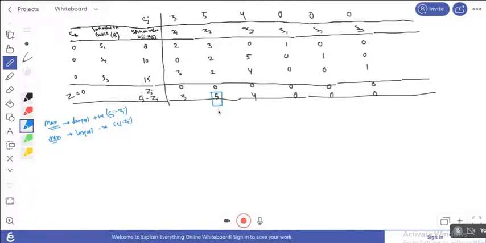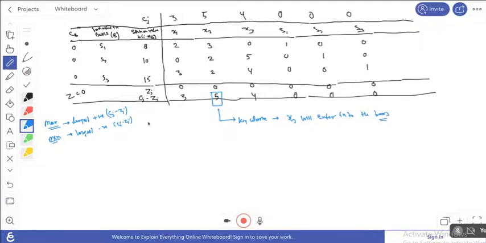So this is your key column, and this x2 will enter into the basis.